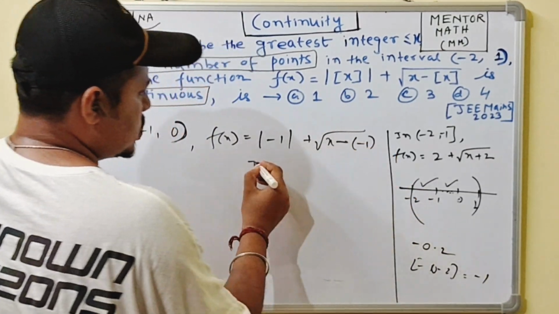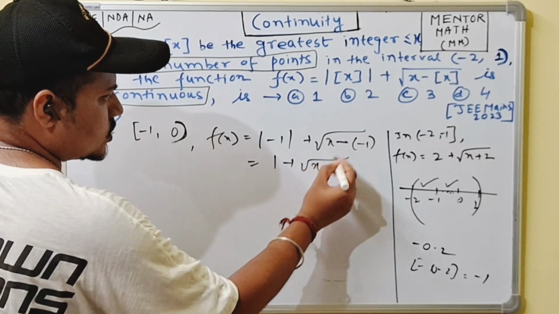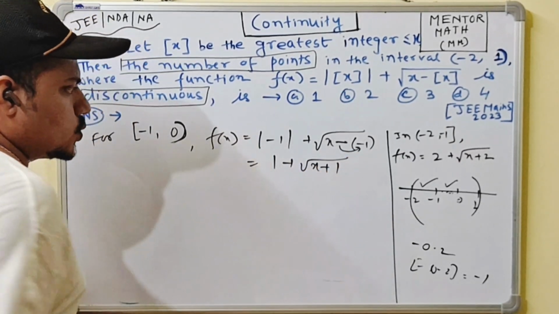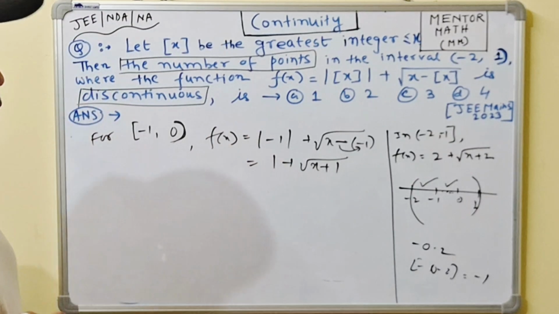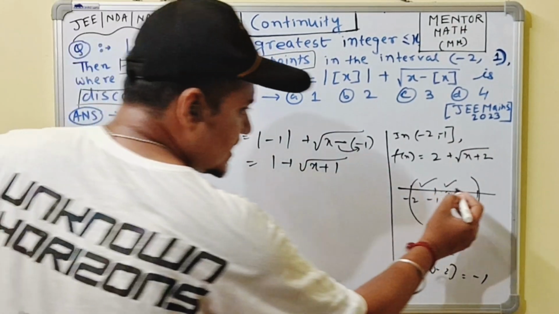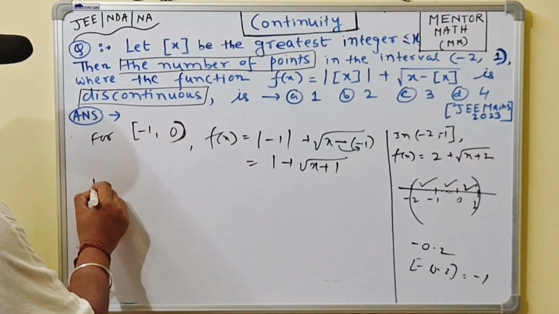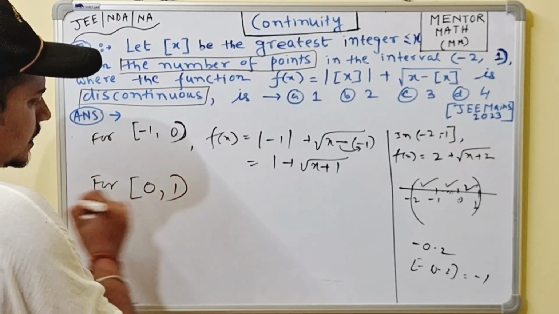So minus of minus 1, mod of minus 1 is 1 plus x of minus minus plus 1. So you get the function f(x) is equal to 1 plus root x plus 1 in that particular interval.